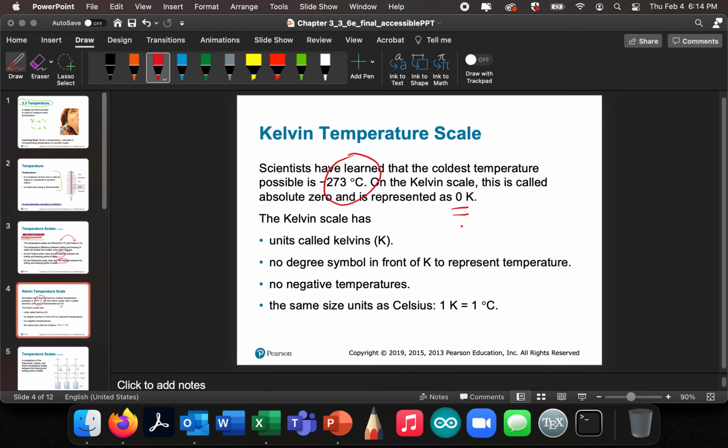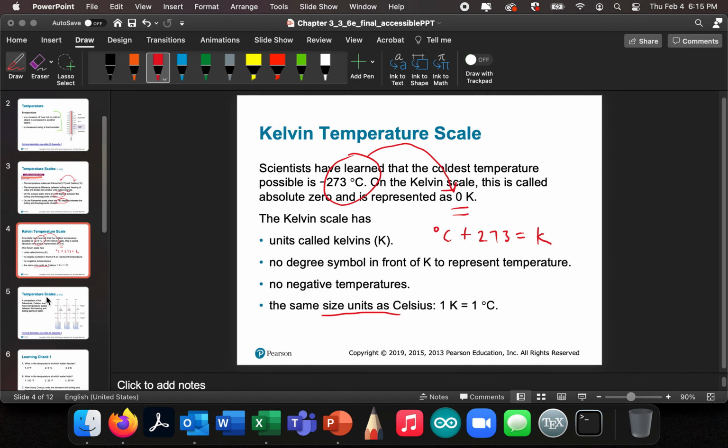So can you see that degrees Celsius plus 273 is equal to kelvins, right? Because these two are equal to each other, and they have the same size units as Celsius.